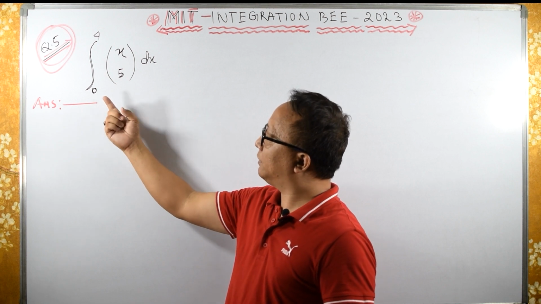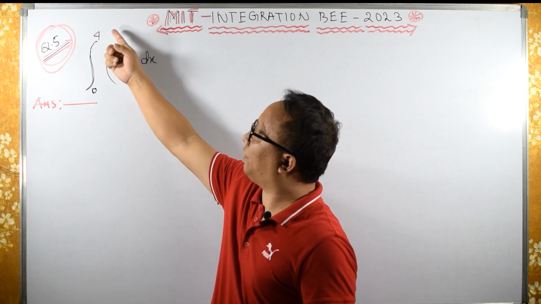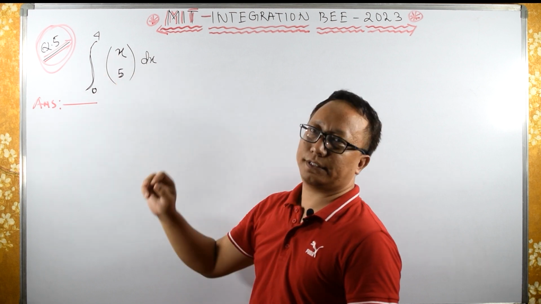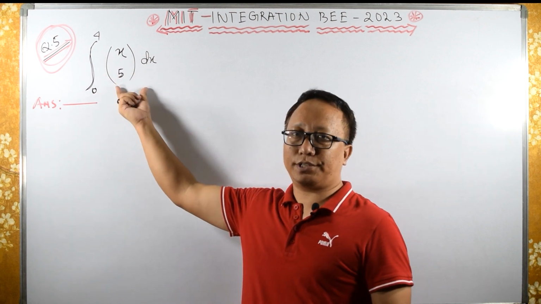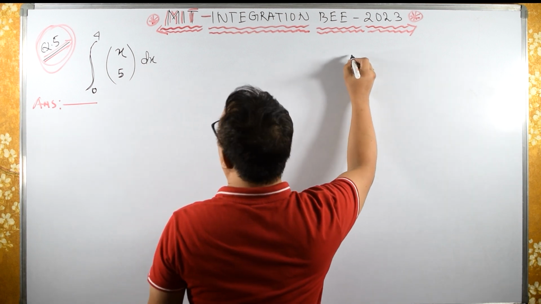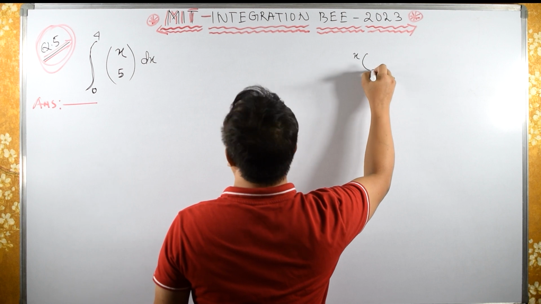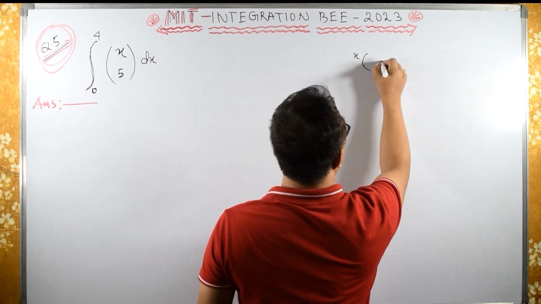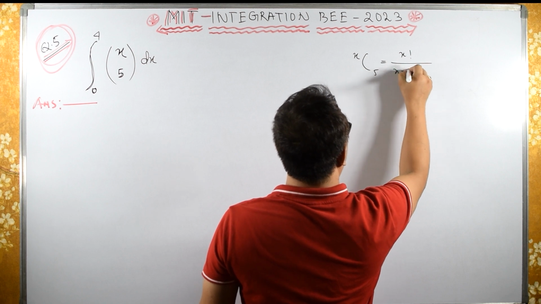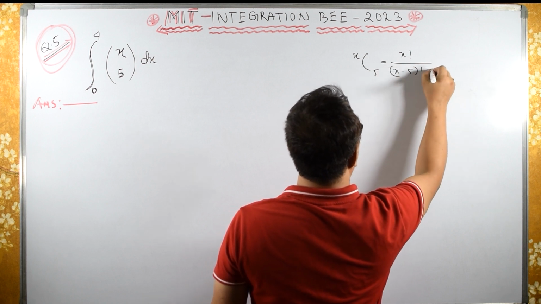The integral is from limit 0 to 4, x choose 5, dx. Now what is this notation? Let's see. This we write as x choose 5, which is the same as x factorial upon x minus 5 factorial into 5 factorial.